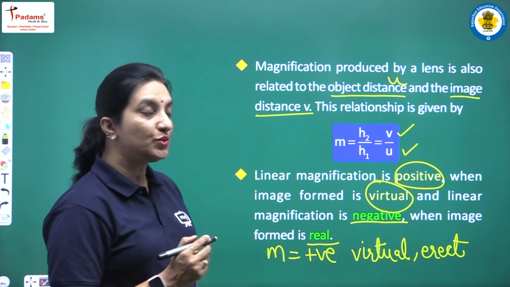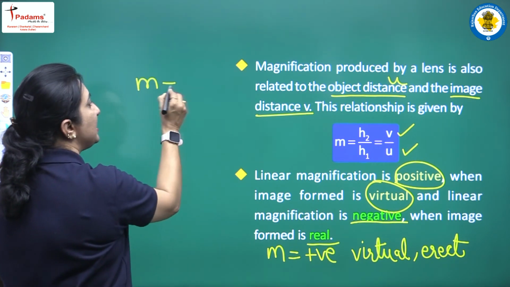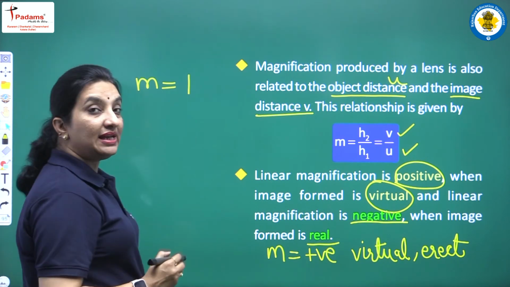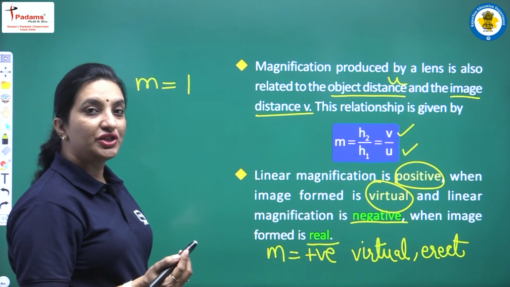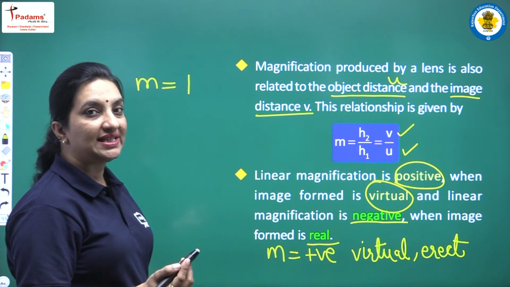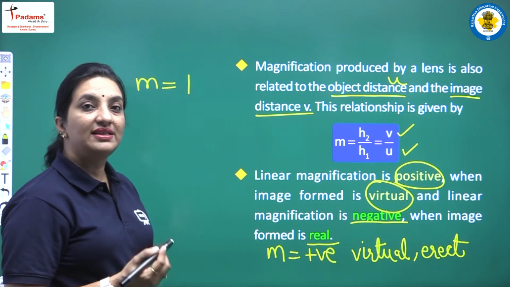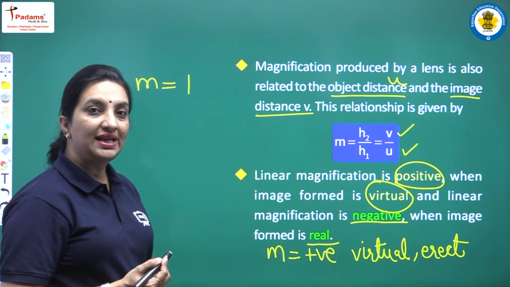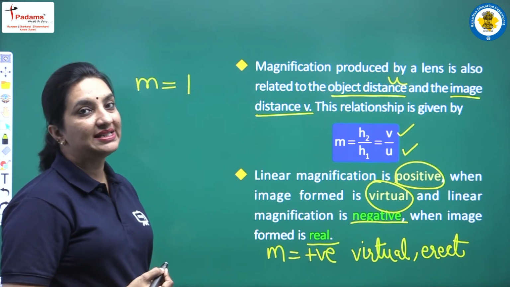And one more thing students, that the value of m, if it is equal to 1, then the size of the object and the size of the image which is formed after refraction through the lens is going to be the same, or what we can say is that the distance of the object from the lens and the distance of the image from the lens is going to be the same.